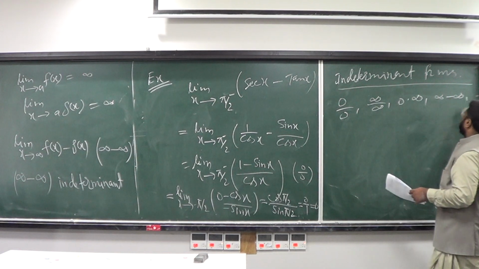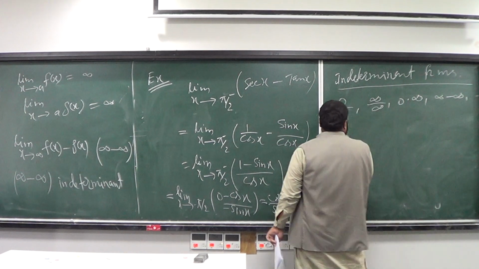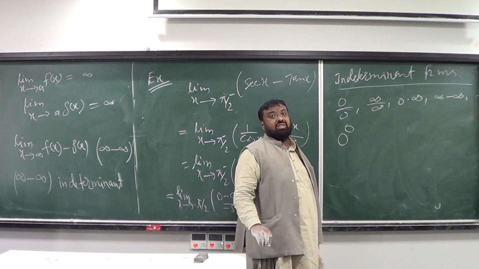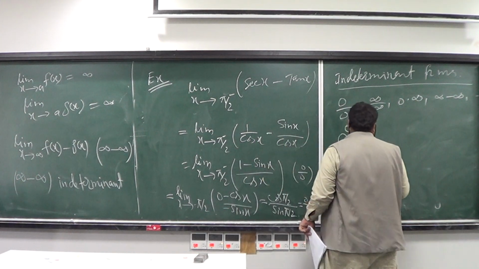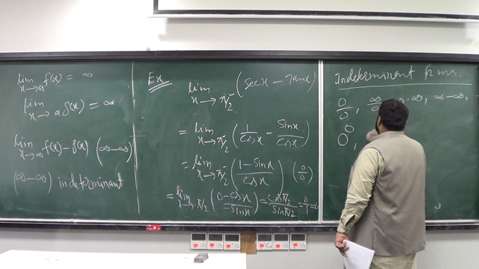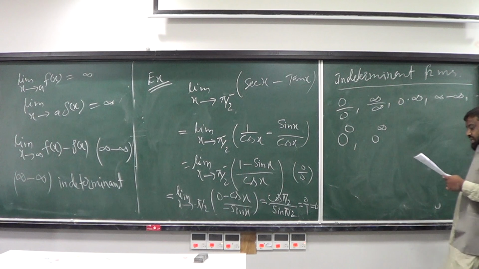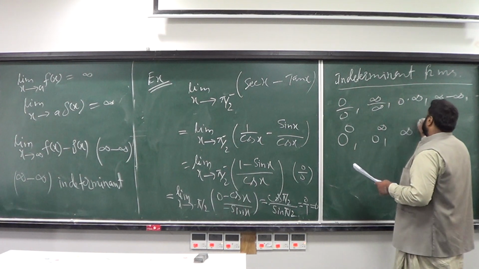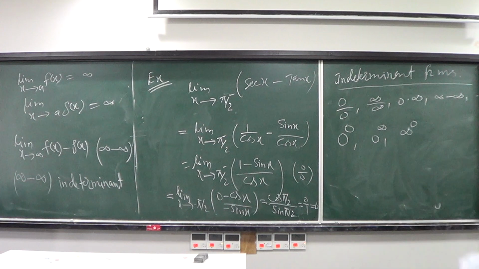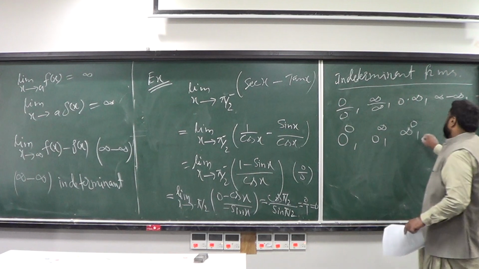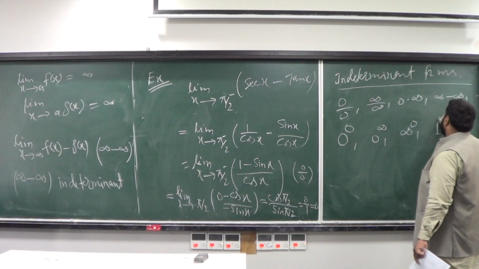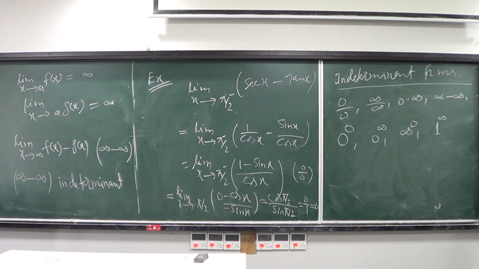Infinity minus infinity is an indeterminate form. 0 power 0 is an indeterminate form. 0 power infinity is an indeterminate form. Infinity power 0 is also an indeterminate form. And some constant power infinity is an indeterminate form. So these are some of the more indeterminate forms.